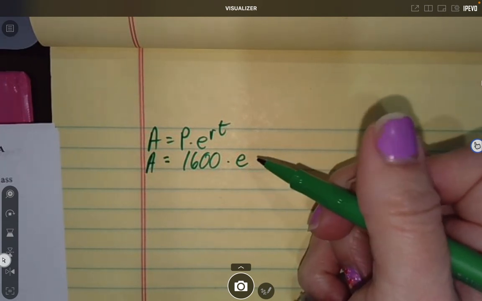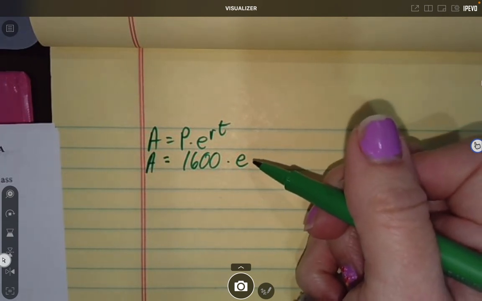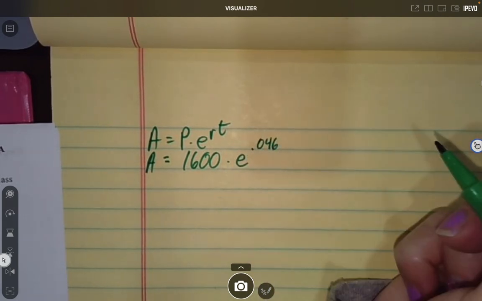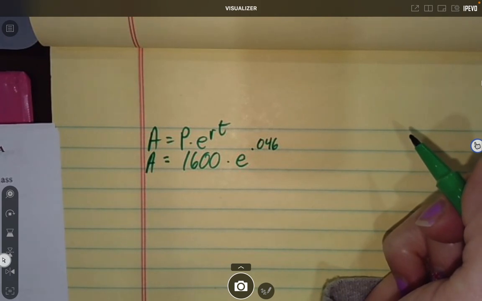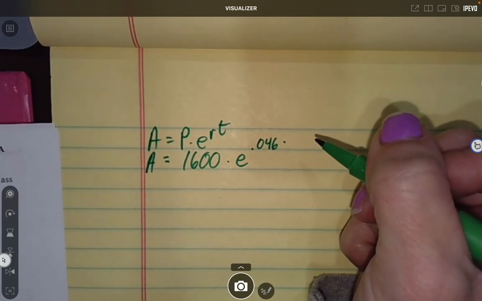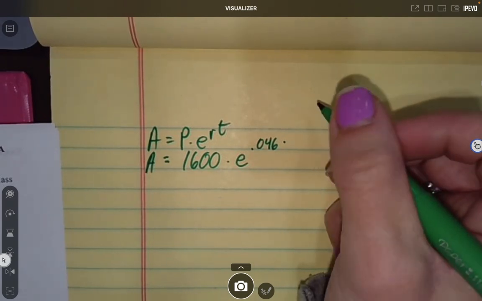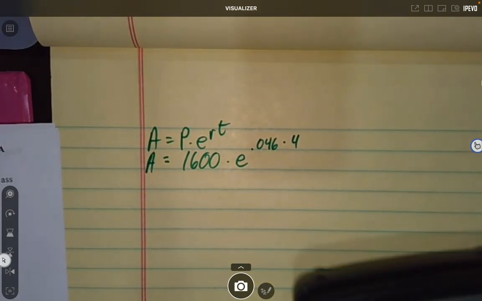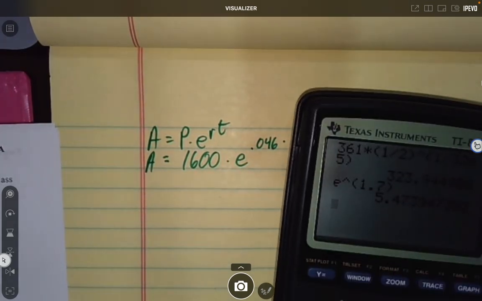And what's our rate and time? What's our R? Your rate is 4.6, so it's 0.046. Is everybody good with that? You always have to change your percentage to a decimal. Times what? 4. It was 4 years. Yeah, 4. So then we just type this in our calculator, right?